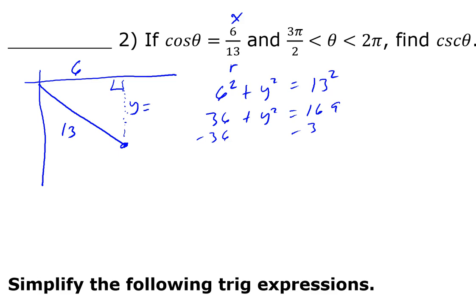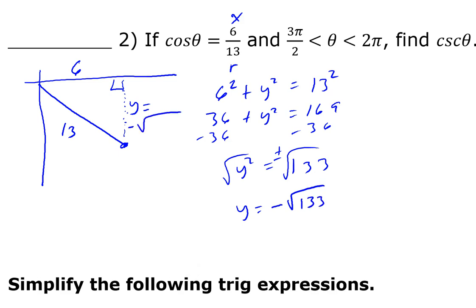So subtracting 36 from both sides, that's going to give me y squared is equal to 133. So taking the square root of both sides, and normally I will do plus or minus, but as we discussed a moment ago, the y value definitely has to be negative, so I'm just going to go ahead and let it be negative. This can't be simplified, so I'm just going to leave it the square root of 133. So y equals negative radical 133.